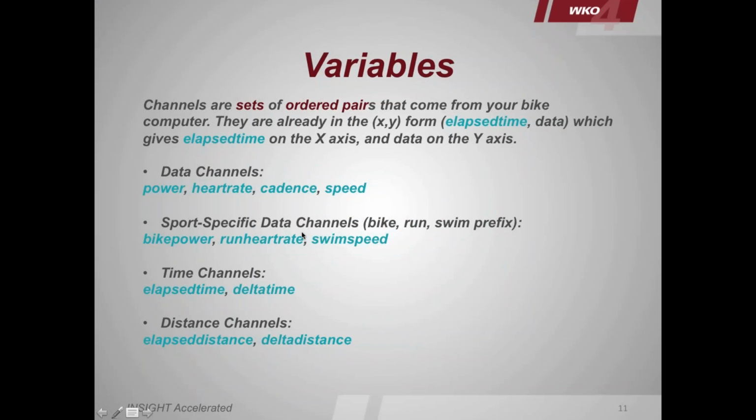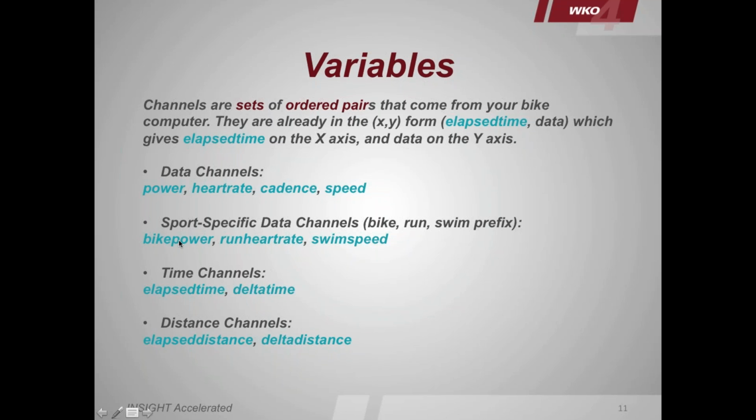Okay, so there are some sport-specific data channels. If you prefix the data channel with the sport name, like bike, run, or swim, then it'll only pick up the data if the sport type for that workout matches.